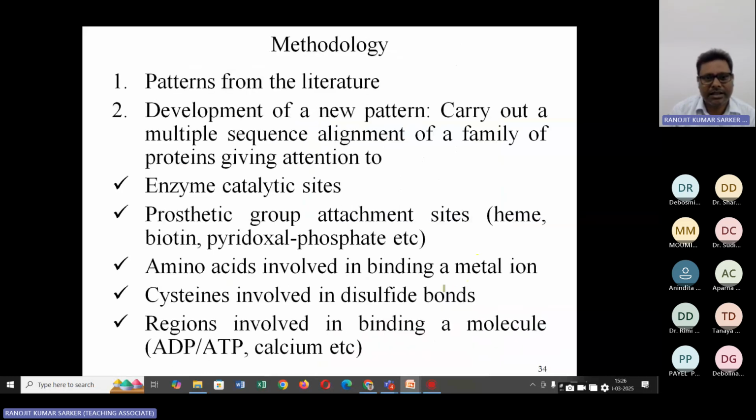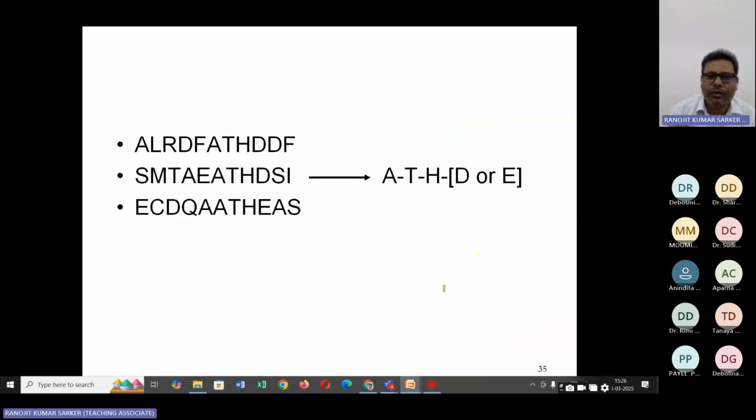These are done by patterns. Now we will see the consensus sequence, which is another concept. How do we derive a consensus sequence? There is A, H, and T. If you consider just 3 to 4 sequences, it will be very difficult to say how we can derive a consensus sequence.